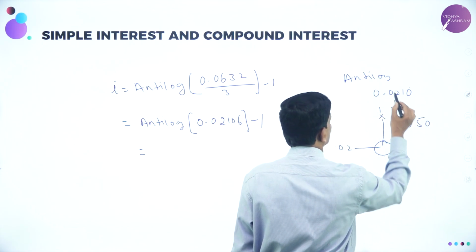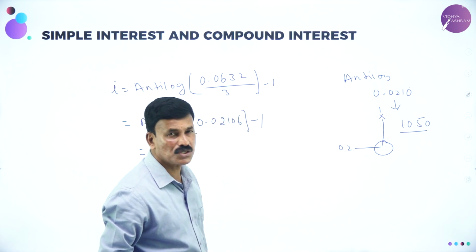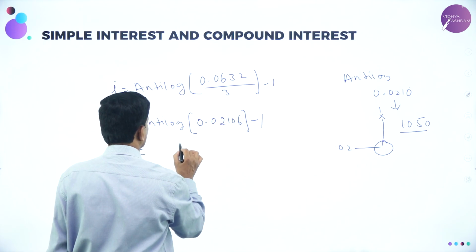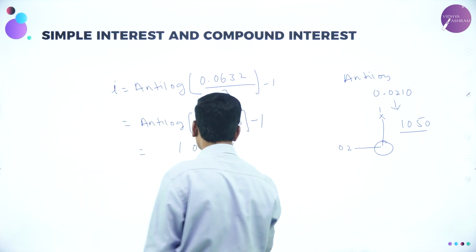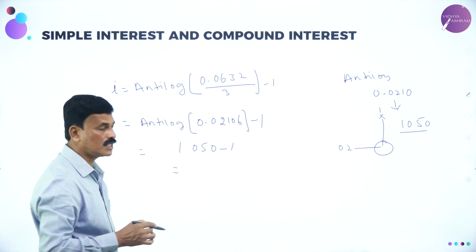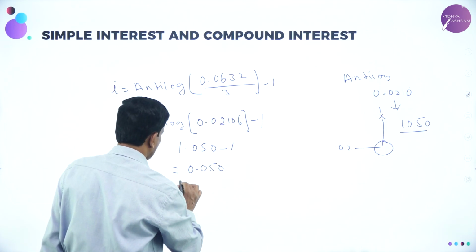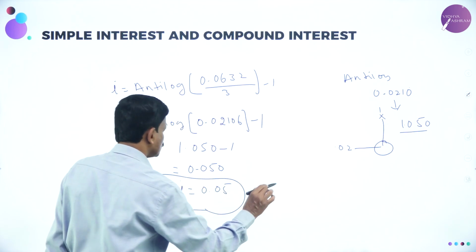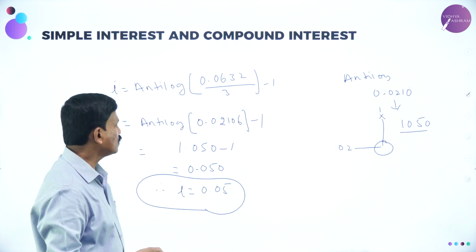Since the characteristic is 0, therefore we are going to write 1.050. So this is 1.050 minus 1, which is nothing but 0.050. So therefore I is equal to 0.05. Okay, this is how we calculate using logarithms and anti-logarithms.